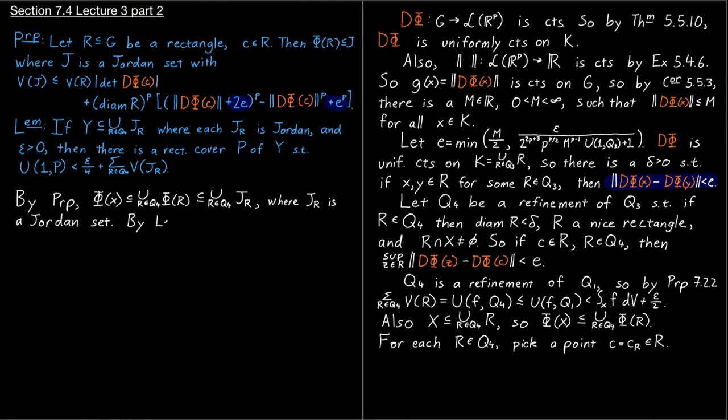And by the lemma, there is a rectangular cover P of phi of x, such that the upper sum of 1 over P, remember the theorem we're trying to prove is all about the upper sum of 1 over P, is less than epsilon over 4 plus the sum of the volumes of our Jordan sets.